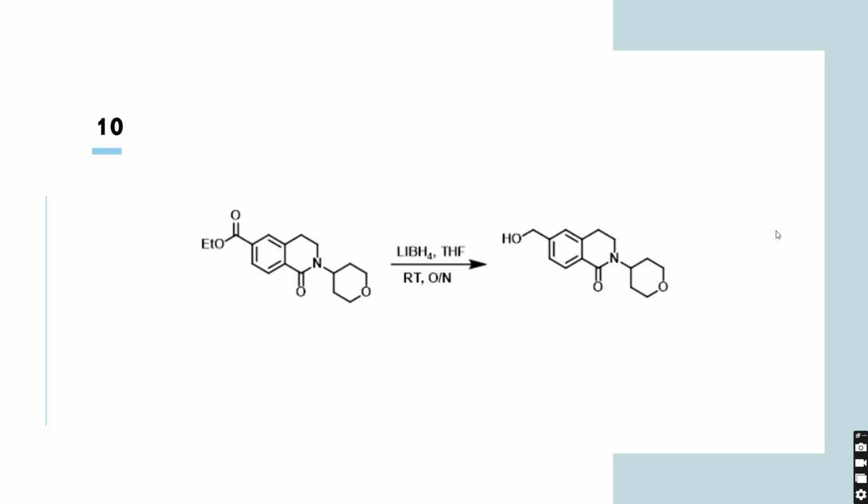So whenever your substrate has many functionalities and you are given only one equivalent of lithium borohydride, you have to always go for your ester functionality. So this will be your final product where you are getting the reduction of your ester functionality.